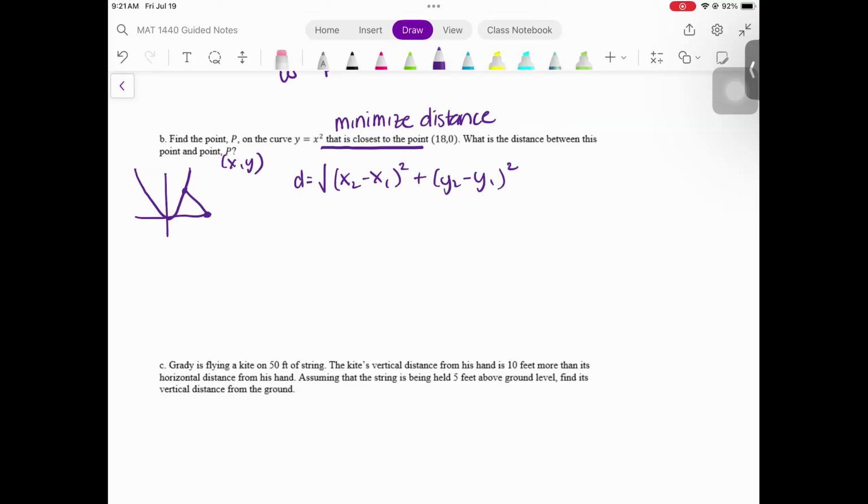And this formula might look a little different. We can change the order of those x's and y's because they're being added, so that doesn't make any difference. So your version might look slightly different, and that's okay.